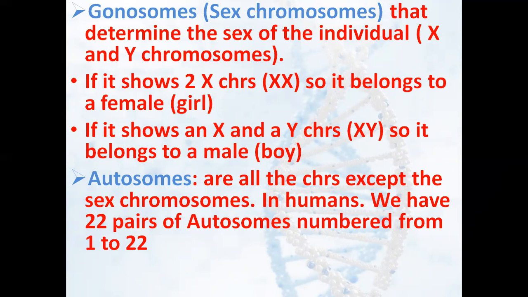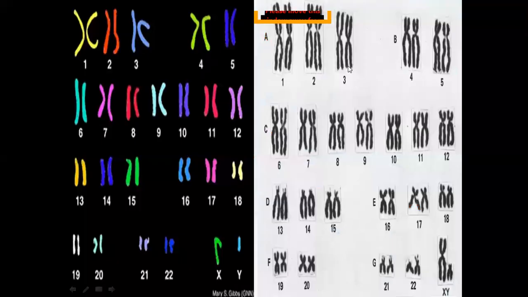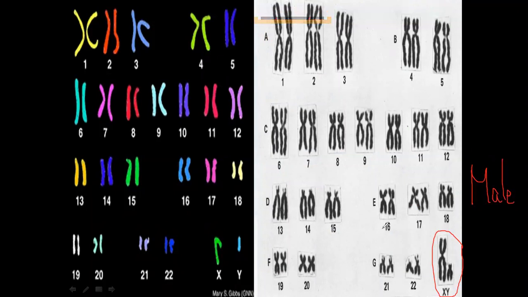So all the girls have XX, while all the boys or the males have X and Y. So this karyotype belongs to a male or female? It has XY, so it's for a male. However, if we have two X's, it will be for a female.